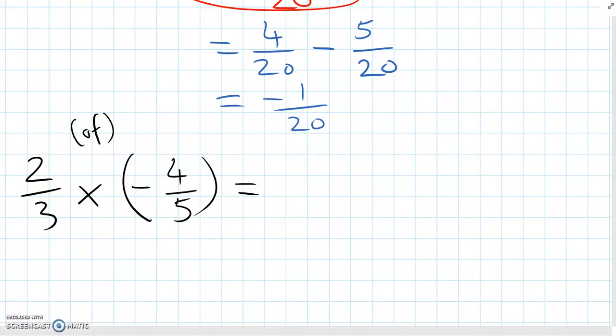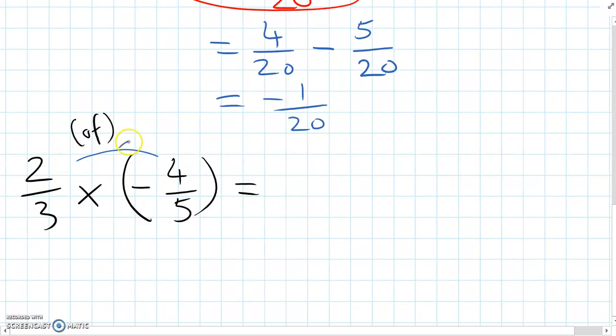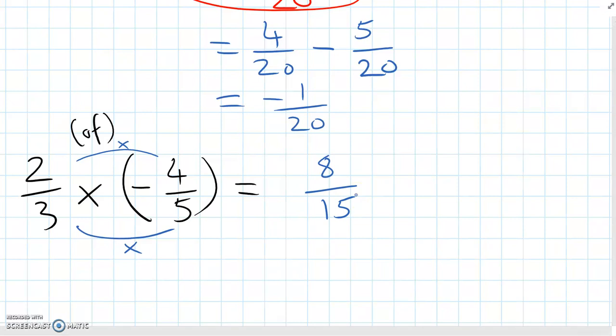And we could draw our rectangle and try and use a picture, but remember the shortcut method is multiply the numerators and multiply the denominators. 2 times 4 is 8, 3 times 5 is 15, 8/15. But remembering our negative number rules, we had a positive number multiplied by a negative, and that means our answer is negative. So the answer was negative 8/15.